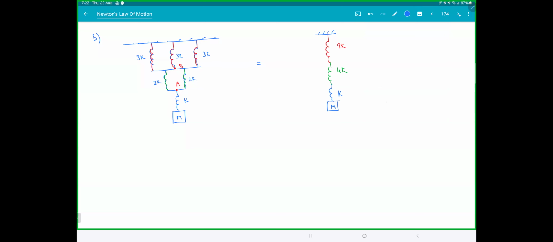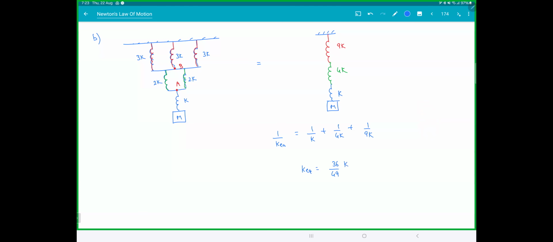So if you take the equivalent spring, 1 by k equivalent is 1 by k plus 1 by 4k plus 1 by 9k. How much is this? 5 by 4 plus 1 by 9, 9, 5, 45, 49 by 36. So this would be 36 by 49k.